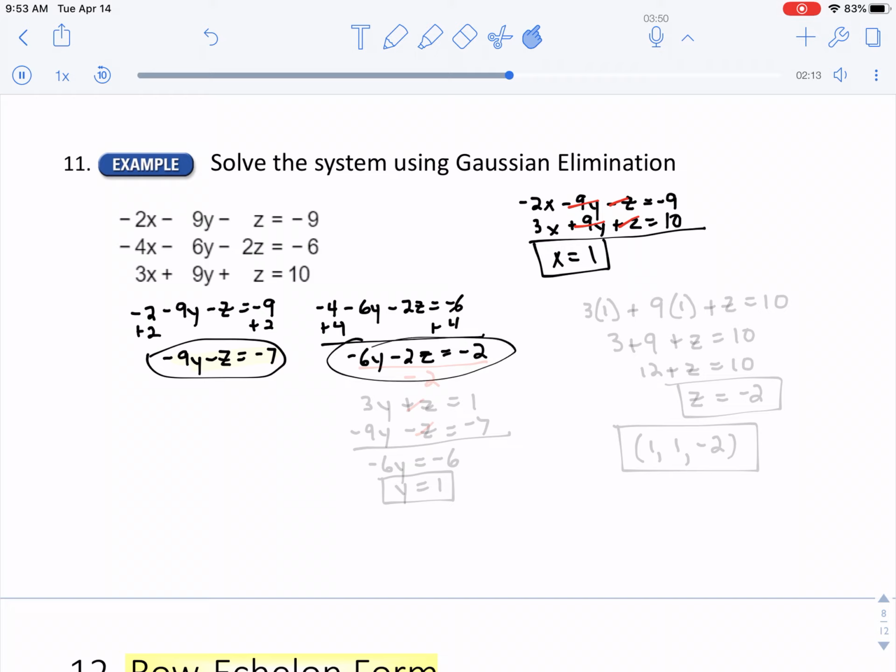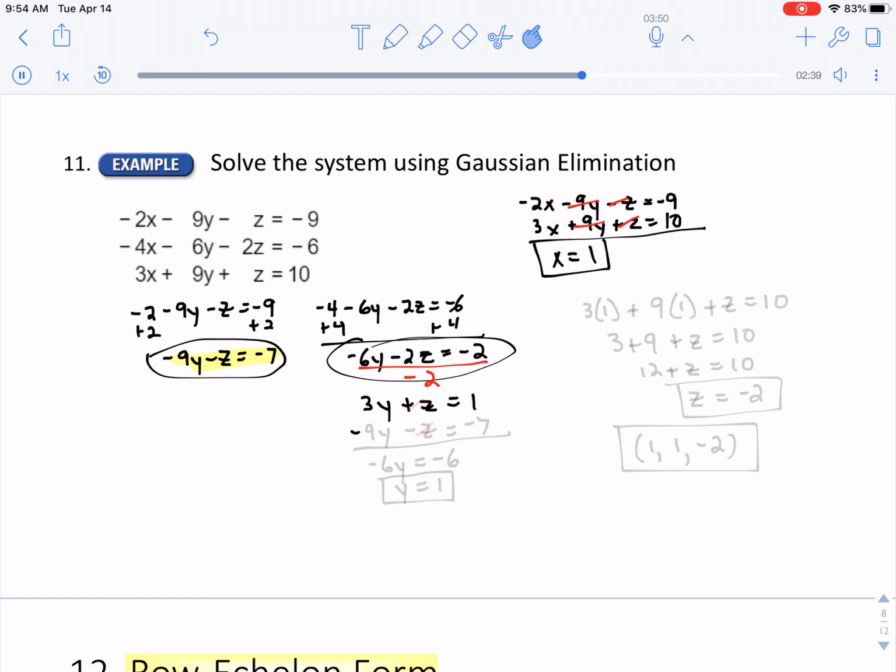So let's see, I'm going to divide the second equation, both sides of it, by negative 2. Now what happens to it is it becomes positive 3y plus z equals 1. And then I pick up this equation and put that underneath it.